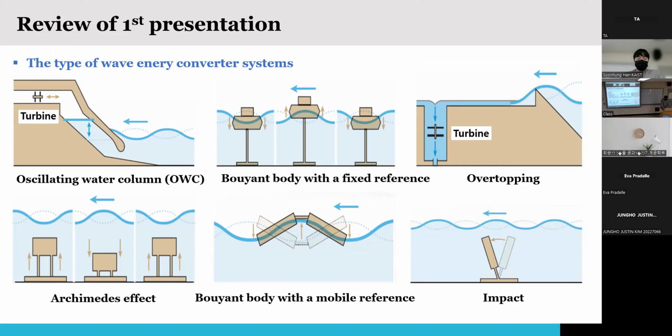A buoyant body with a fixed reference or a mobile reference utilizes relative movement between the two parts of the device. Overtopping uses the wave passing over the freeboard to make the turbine rotate. And the last one is impact, which literally uses the impact caused by wave movement.